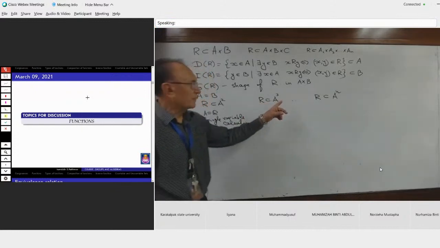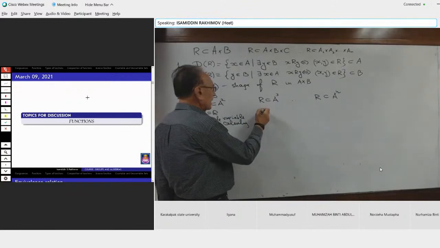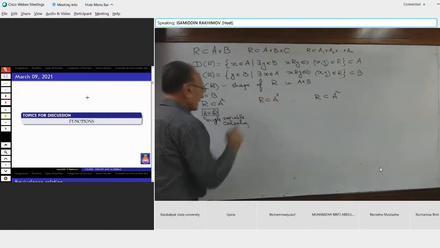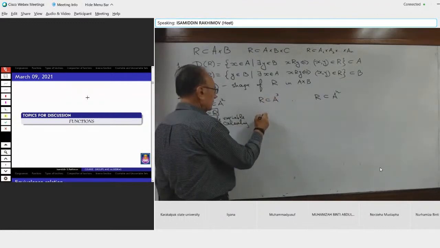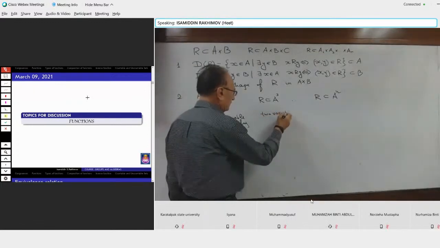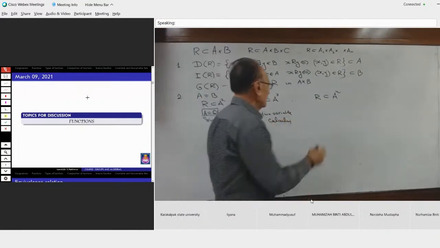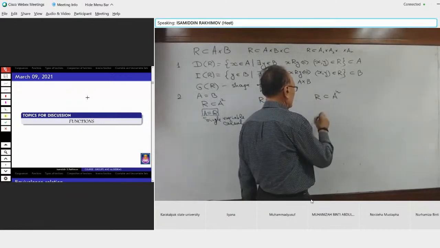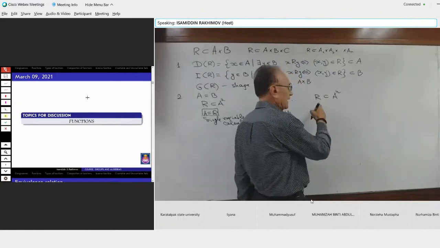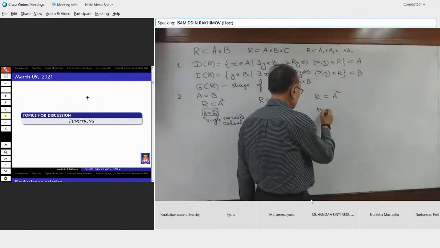If R is a subset of A cube, then you will get two variable calculus. So I'm fixing A is R for these three cases. In the last case, you have multivariable calculus. More precisely, you have n minus one variable calculus.